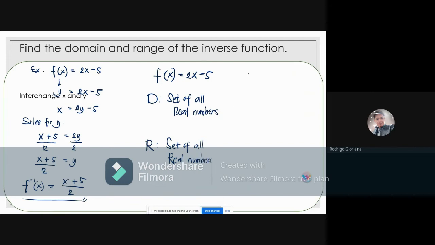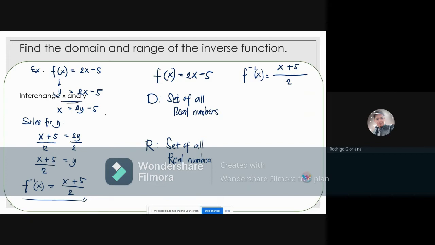Now, for the inverse function, x plus 5 over 2, we interchange x and y.